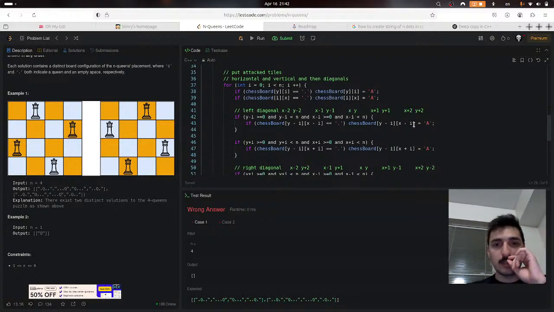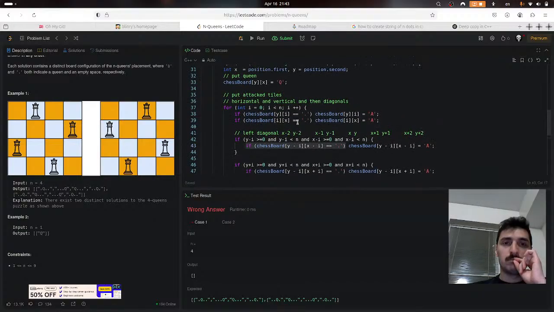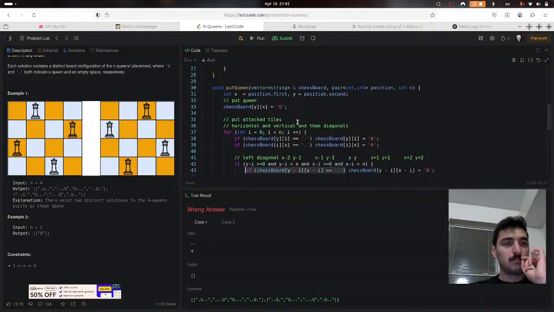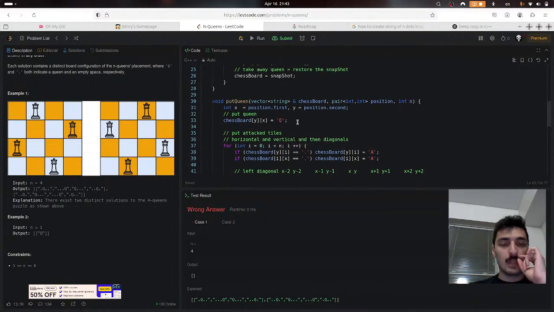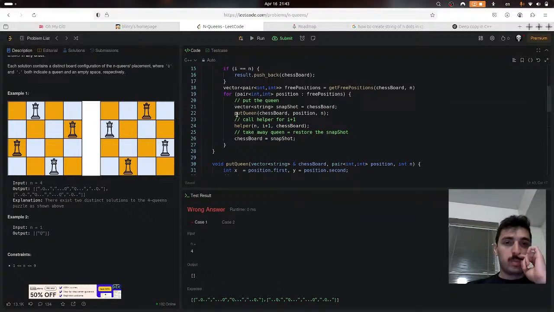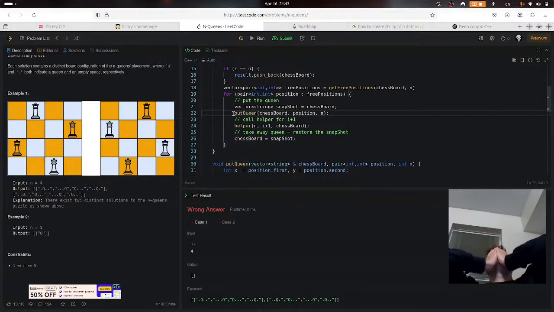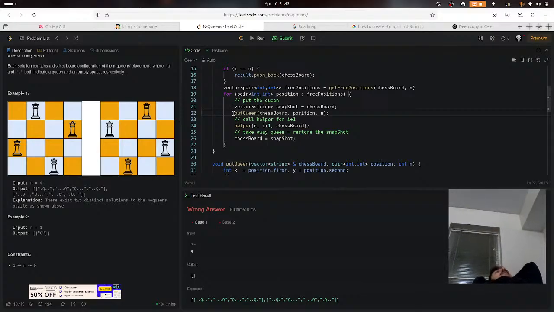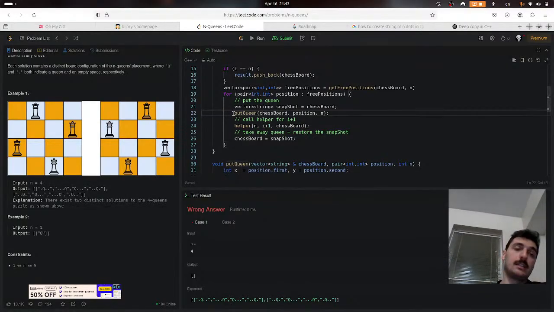If it's not attacked, attack. I don't think this matters anymore. Put queen, I need a new helper function. I need a new helper function, guys.